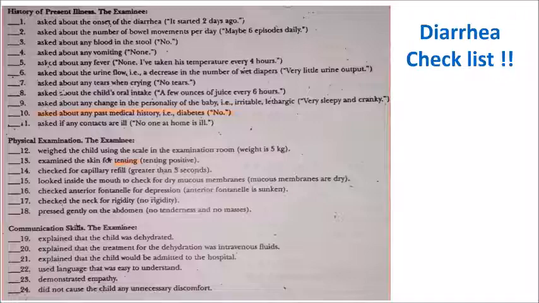So one thing you can understand, Dr. Hind and others: when you are asking questions to identify dehydration or not, suppose you are asking about tears, no tears, you are looking at the baby's eyes also. This is one of the physical examinations. And for the appearance, you are asking the mother how your baby is looking, or the general condition: is your baby irritable, is your baby sleepy, drowsy?